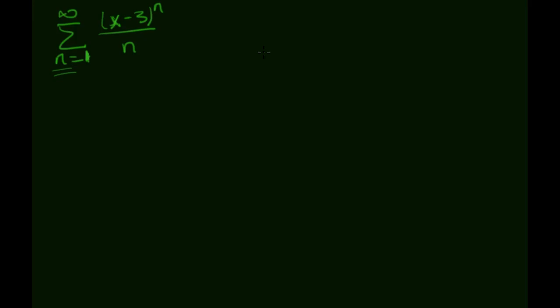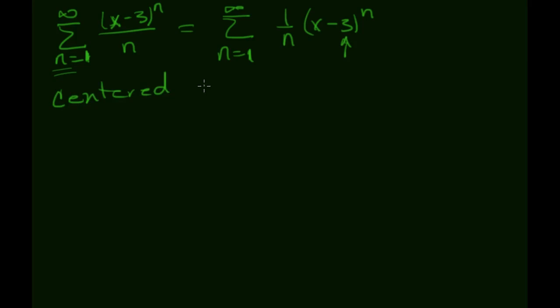That's not really a big deal. This thing is technically the sum from n equals 1 to infinity of 1 over n times (x minus 3) to the n. There, it looks more like a power series. The a term is the 3, so this thing is centered at 3.